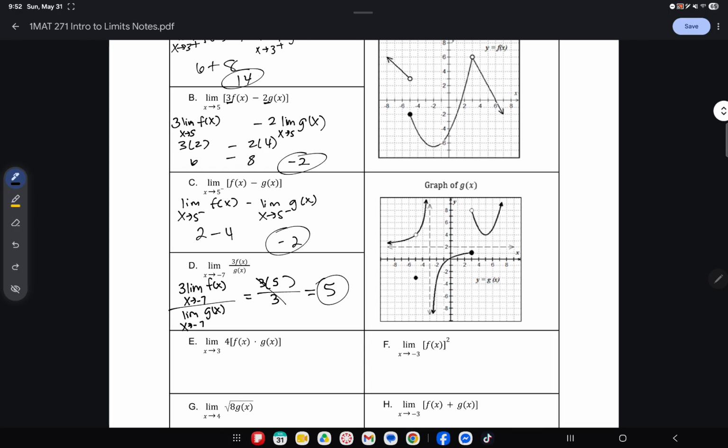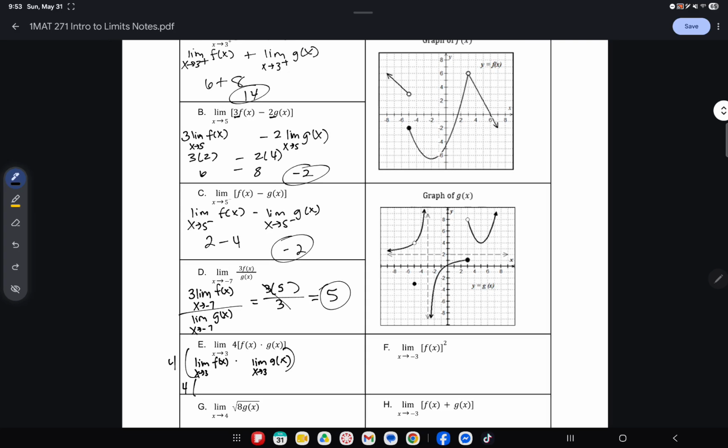All right, we have 4 times the multiplication of f and g. So I can do this. I can say, hey, 4 times the limit as x approaches 3 for f times 4 times the limit as x approaches 3 for g. Or I could pull 4 out and do that all at the end. I might as well go ahead and do that.